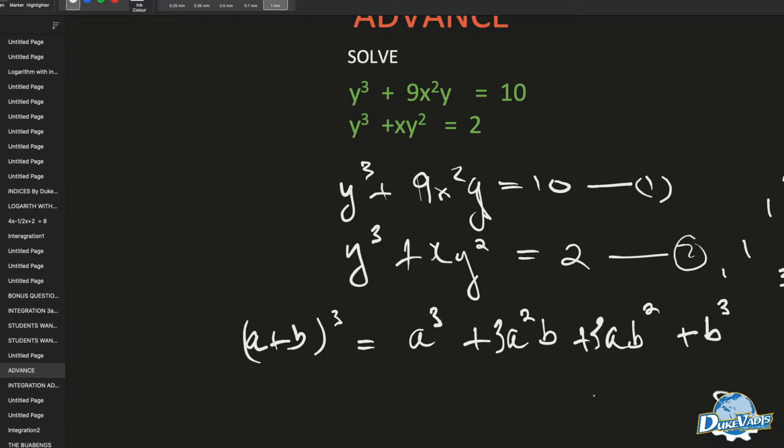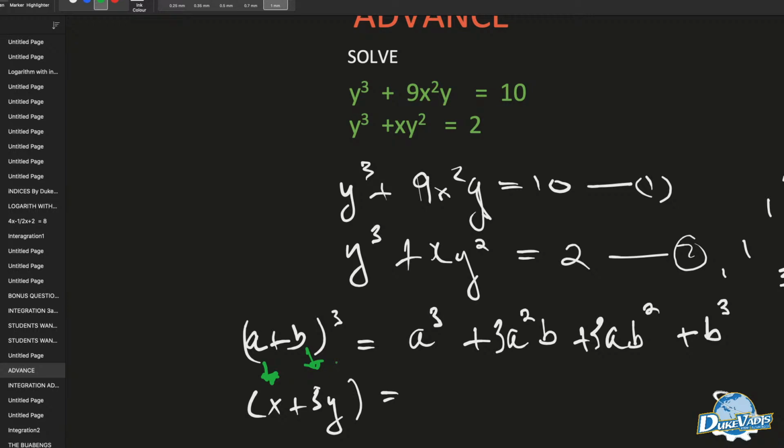So assuming we decide to make this x and this 3y, as you can see, we have some 9 over here. That means when we square something and we have some x squared, then we'll be able to expand. So by inspection, this a corresponds to the x and the b corresponds to the y.